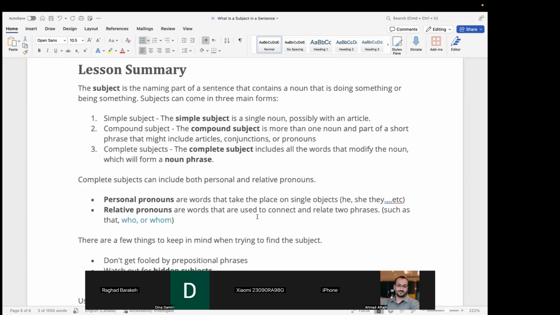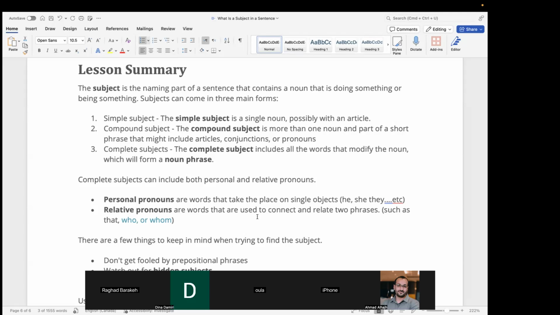Compound subject. The compound subject is more than one noun and part of a short phrase that might include an article, conjunction, or pronoun. Complete subject. The complete subject includes all the words that modify the noun, which will form a noun phrase.